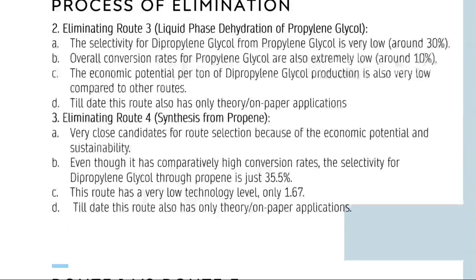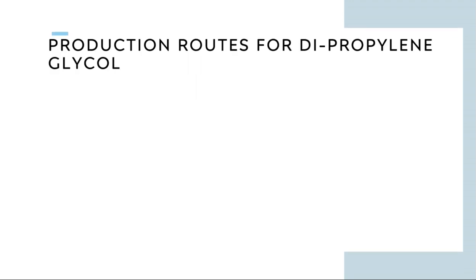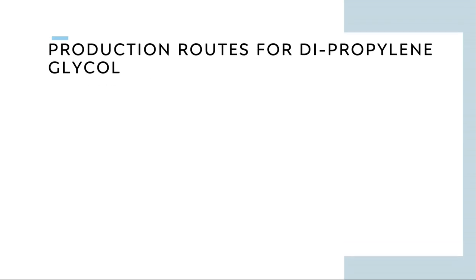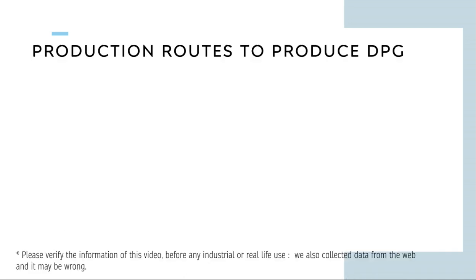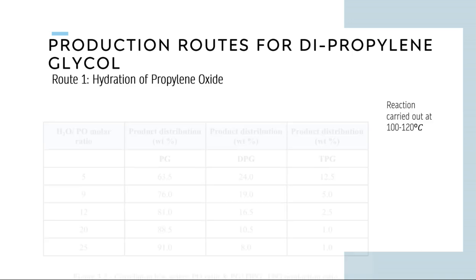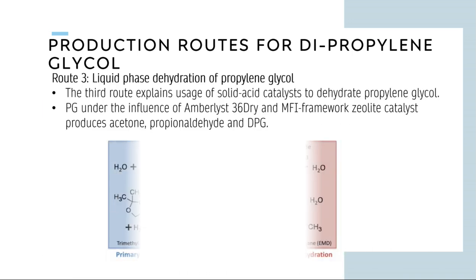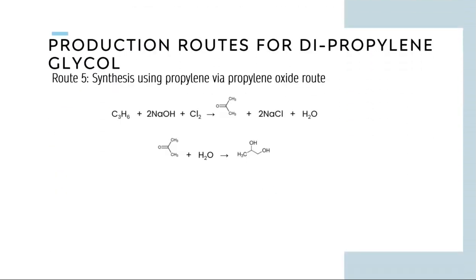Why is it 64%? For that, if you allow me, let's go back to where we discussed the different processes. So if you see route 2, route 3, route 4, and here comes route 5. Here propylene reacts with 2 moles of NaOH plus Cl2, which gives propylene oxide.